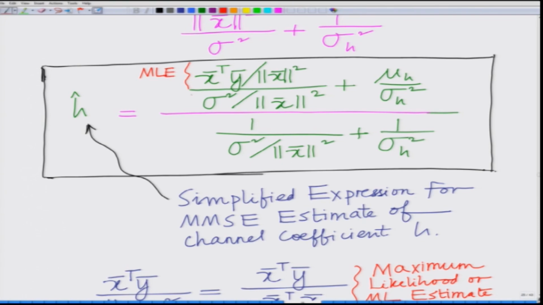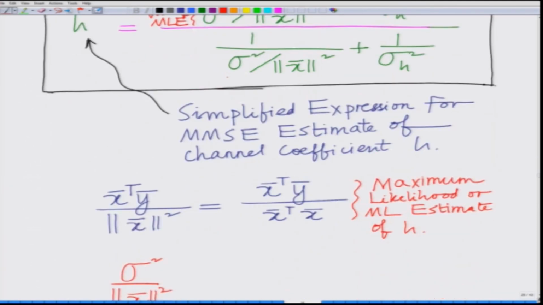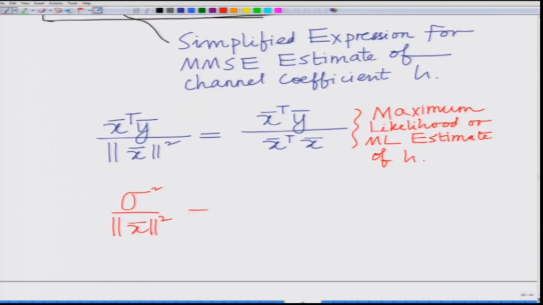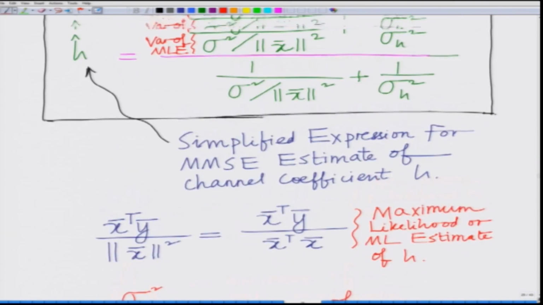This quantity sigma square divided by norm x bar square is the variance of the MLE, the maximum likelihood estimate. This quantity is the variance of the maximum likelihood estimate.